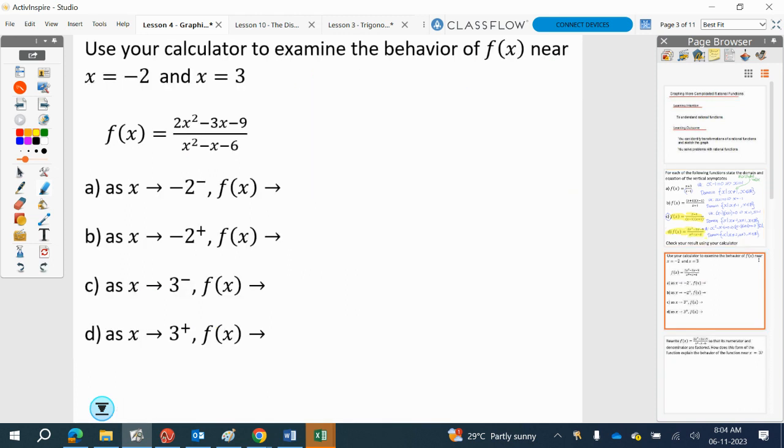What we're going to do is a bit of limit analysis, looking at the end behavior. We're going to use our calculator to examine the behavior of f of x near these 2 points, see what the values are. So we have the function in now. Get your calculators in your hand. Make sure you have this function typed in. I've got it typed in on my calculator as f2.